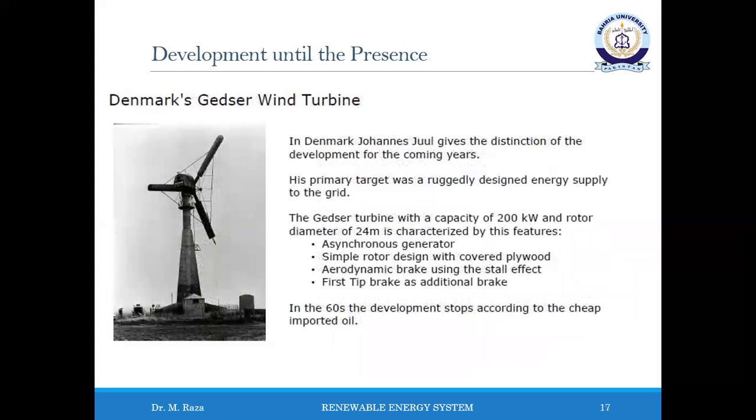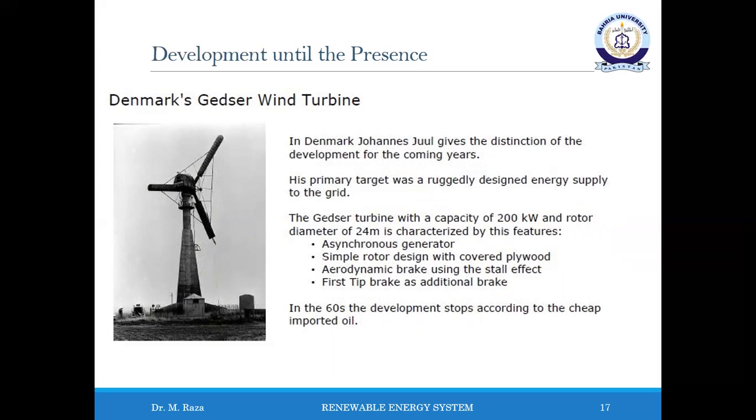In Denmark, Johannes Juul gave the direction for the development of the coming years. His primary target was a resiliently designed energy supply to the grid.